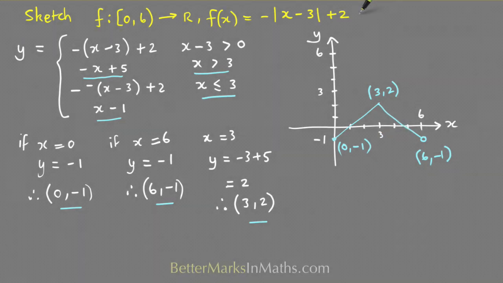And there is that graph. The trickiest part, I think, is this part in here, making sure you get the minuses right, and other than that, just getting this part right. So once you've got that, it's just a straightforward matter again of subbing in x values to the correct part.